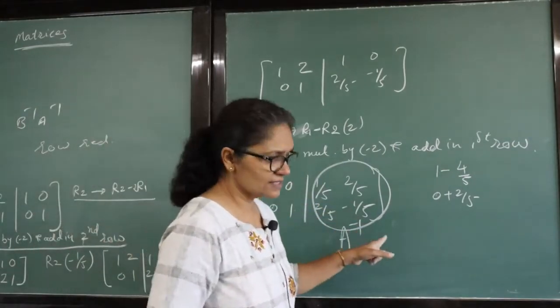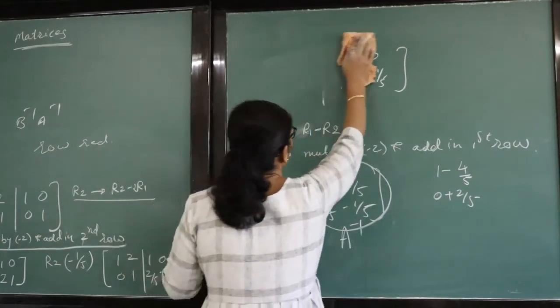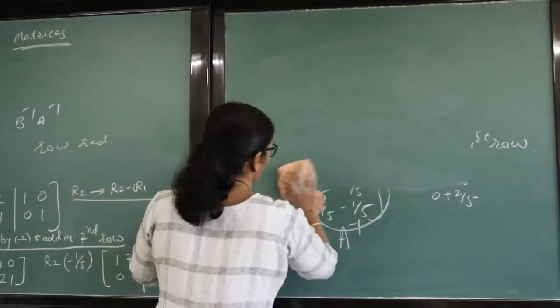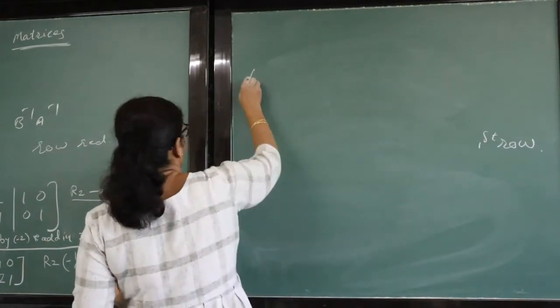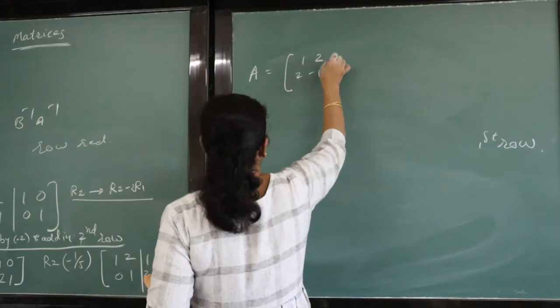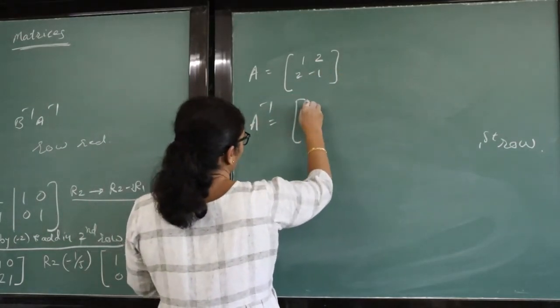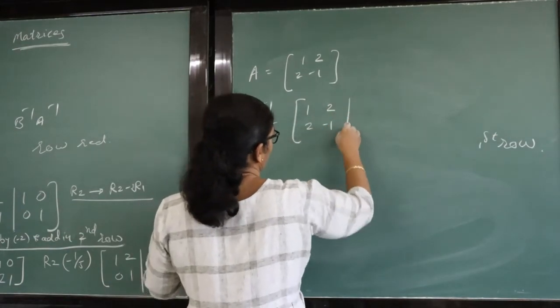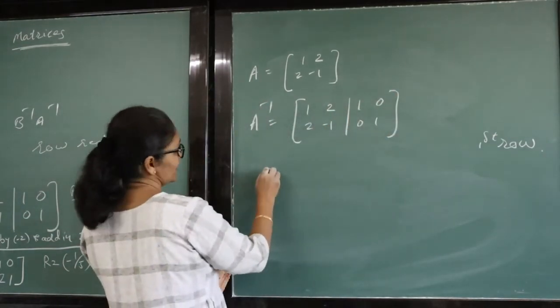Okay, I repeat this sum again for your convenience, so it will be easier for you to understand this question. Let's take this question again: 1, 2, 2, minus 1. We want to find A inverse. So how can we write it? 1, 2, 2, minus 1 and 1, 0, 0, 1. Now let's start.